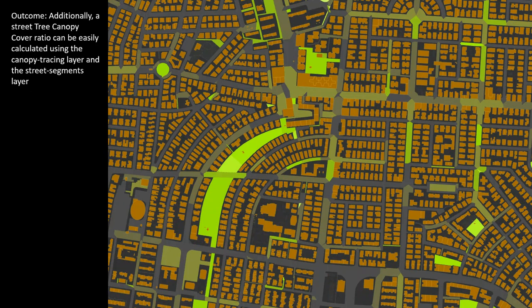Another byproduct of the process is that if we have this street segment analysis and overlay it with the tree canopy cover layer, we can create tree canopy cover ratios for every street segment, which shows you the hierarchy not of shade, but actually of provision of shade trees in the city, which is highly important for managing your urban forest.